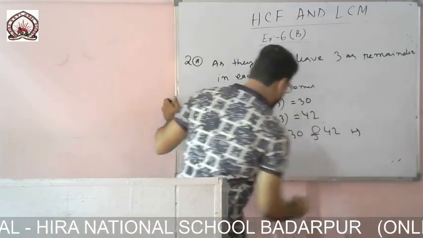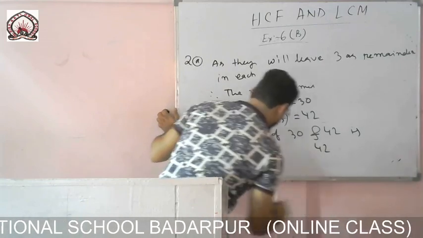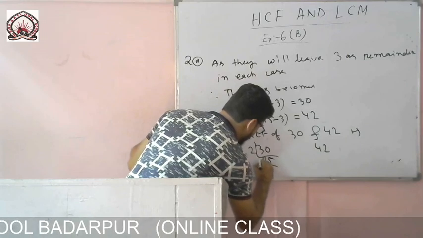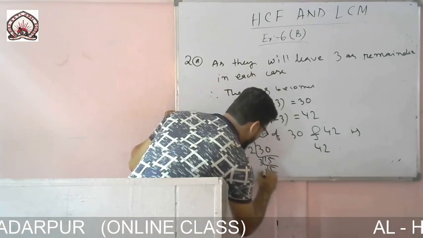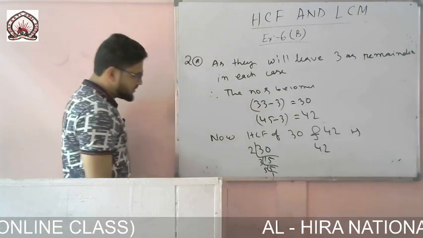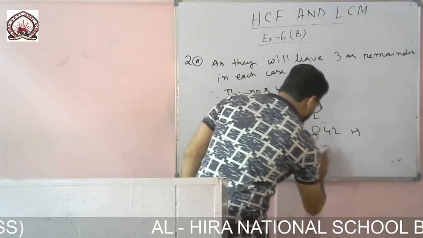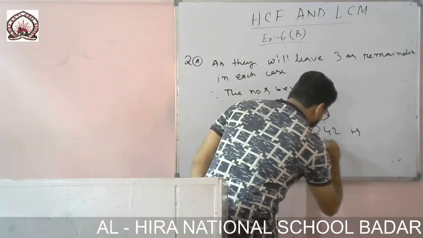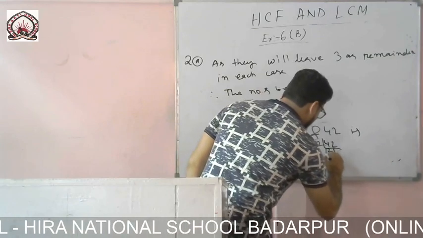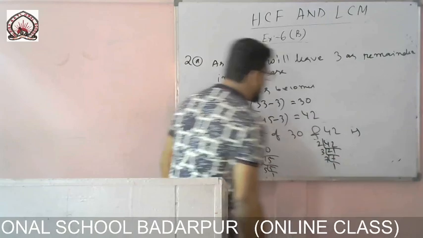First find 30, then 42. 30 with 2 gives 15, with 3 gives 5, with 5 gives 1. Now 42: with 2 gives 21, then with 3 gives 7, then with 7 gives 1.